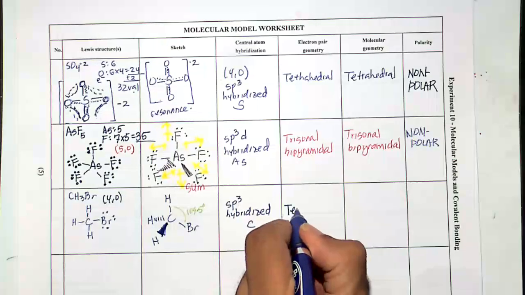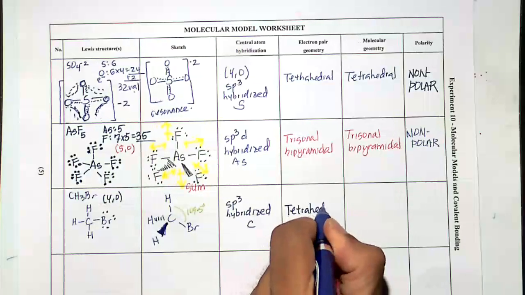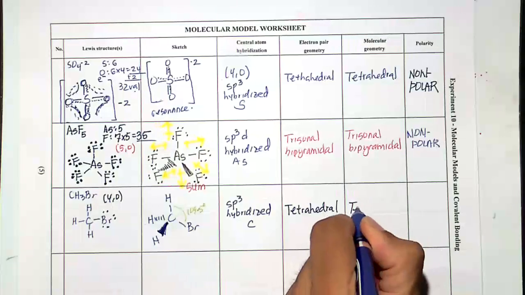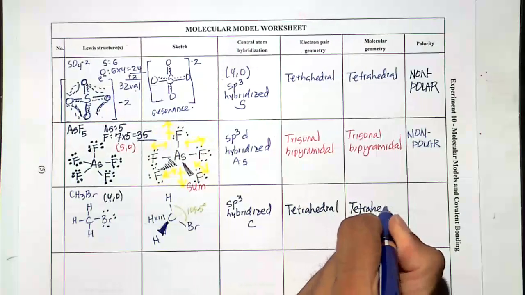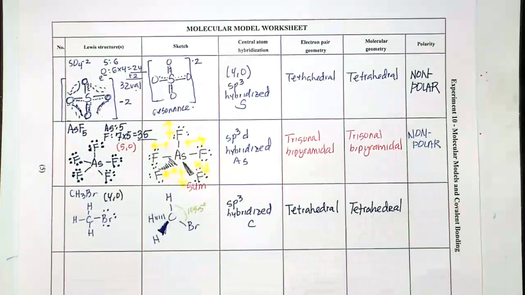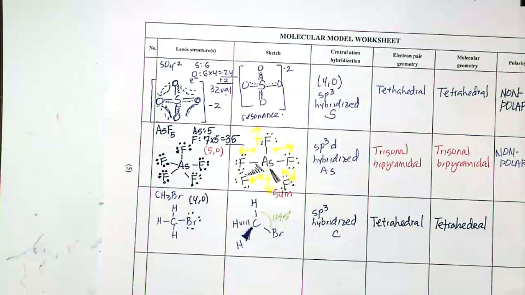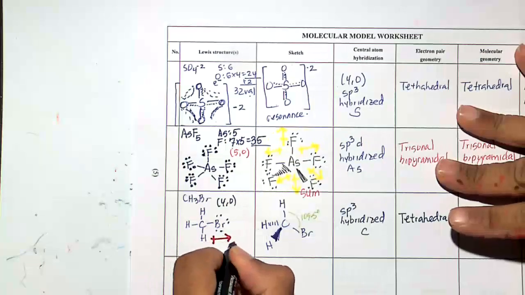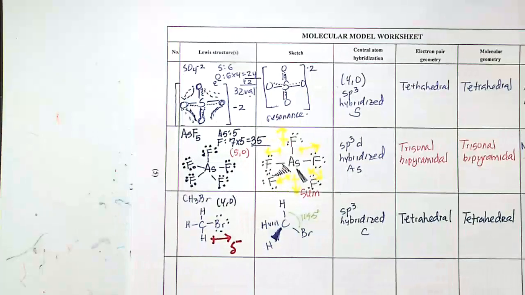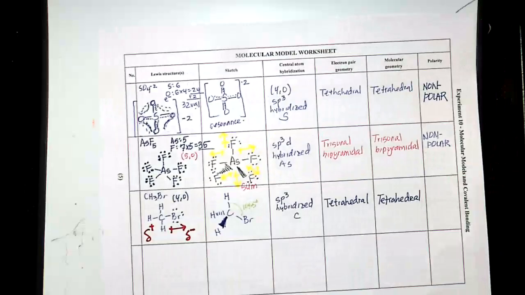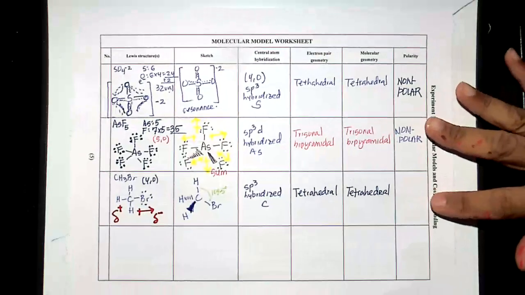It's the same as the molecular geometry, and they're both tetrahedral. Is this polar or non-polar? This is polar. The Br is electronegative and it's pulling. Yes, the correct answer is that this is polar.